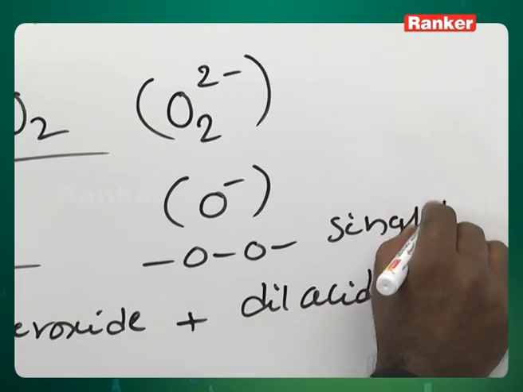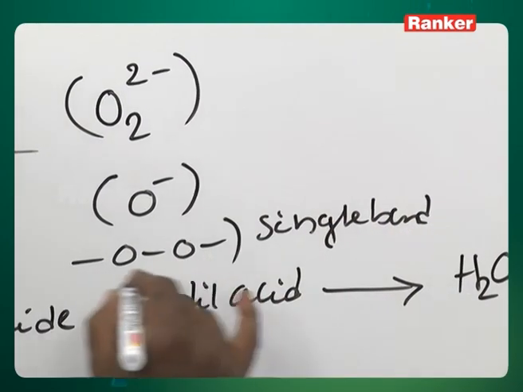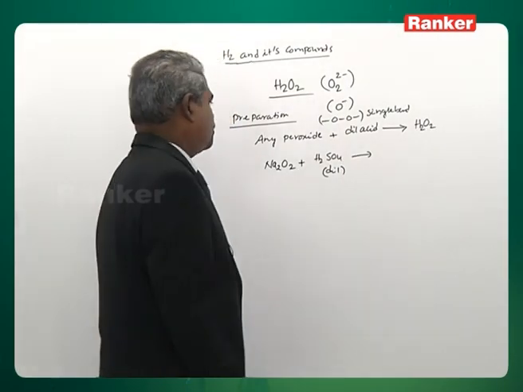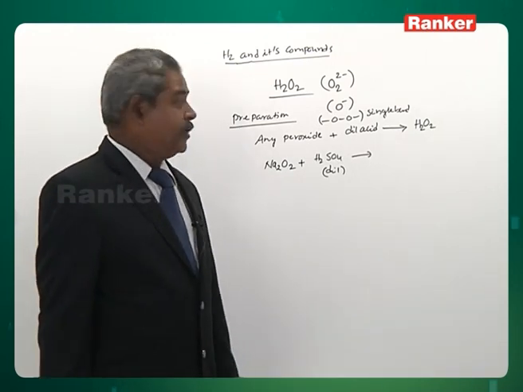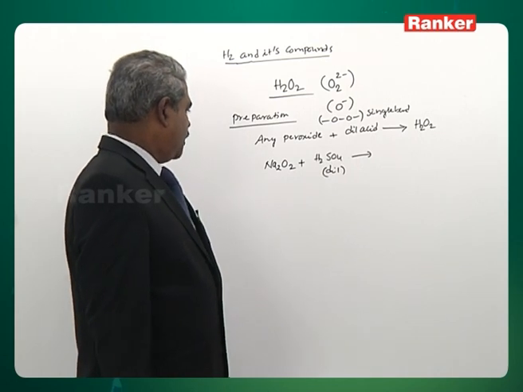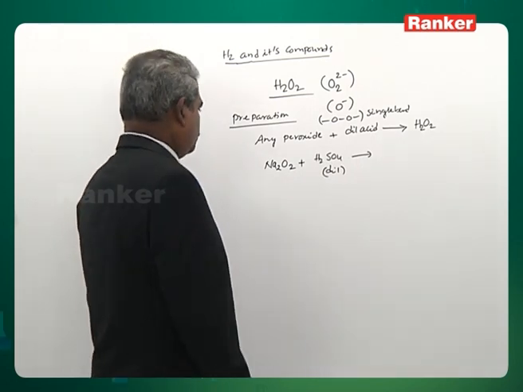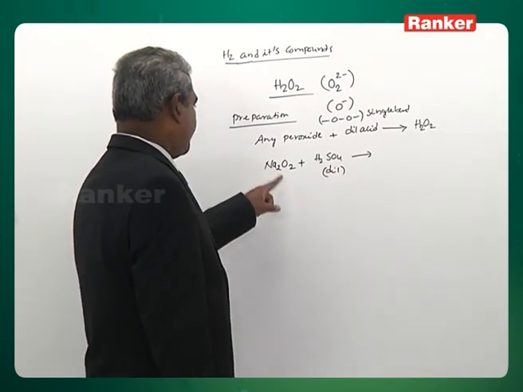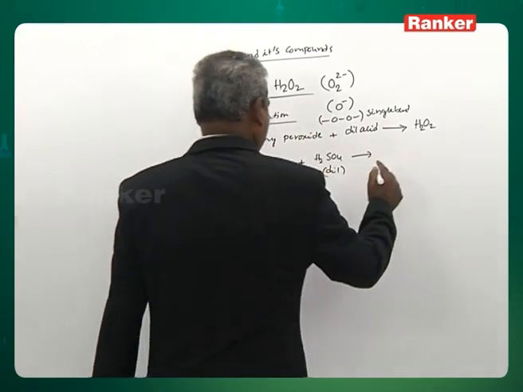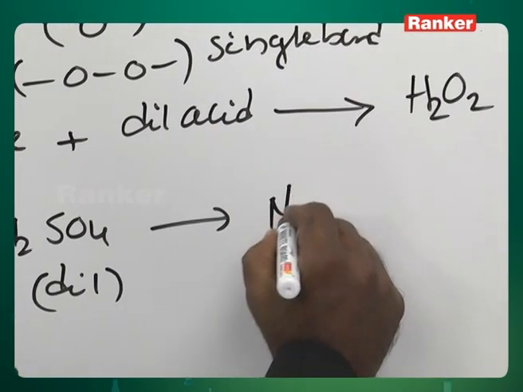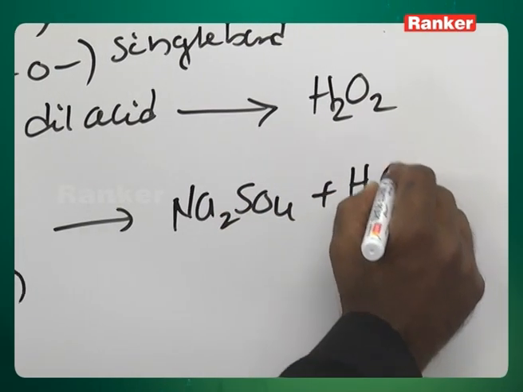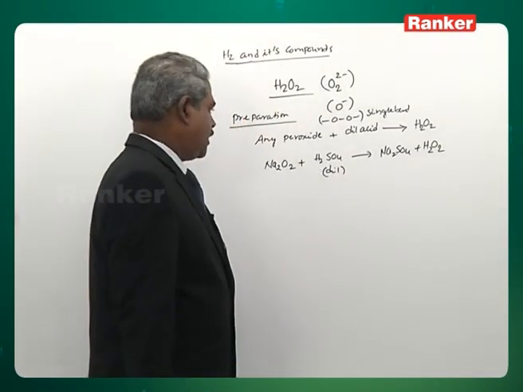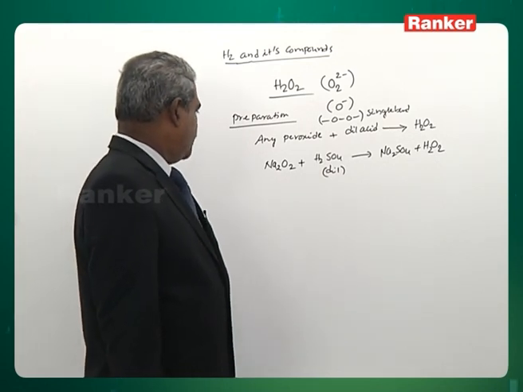There is a lot of chemistry in this oxygen single bond, compounds containing that peroxy bond, you will be surprised. So Na2O2 is a peroxide, sodium peroxide plus H2SO4, you will get Na2SO4 plus H2O2. This is called the Merck process, names not necessary.